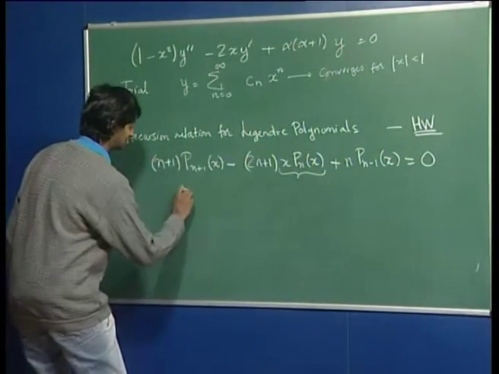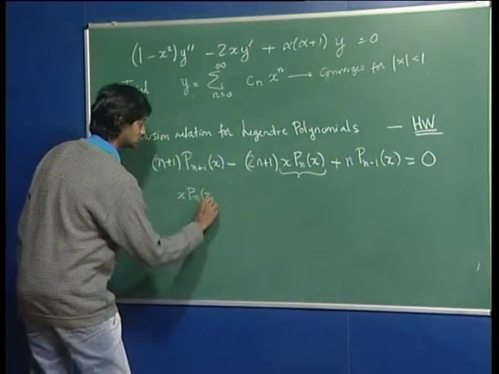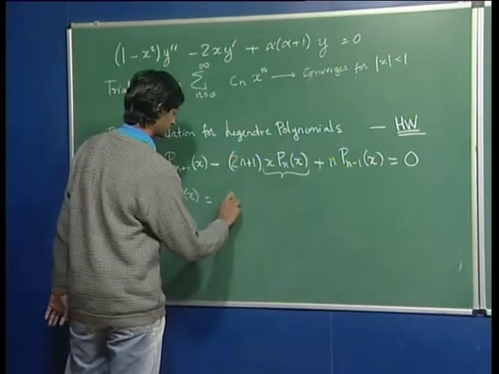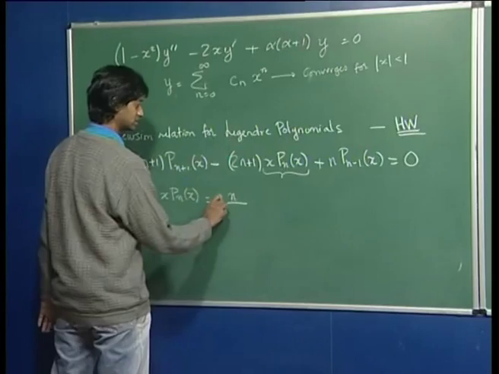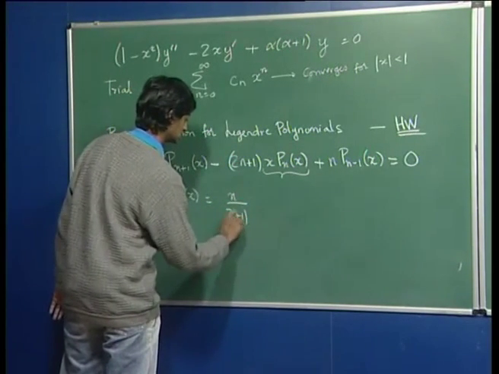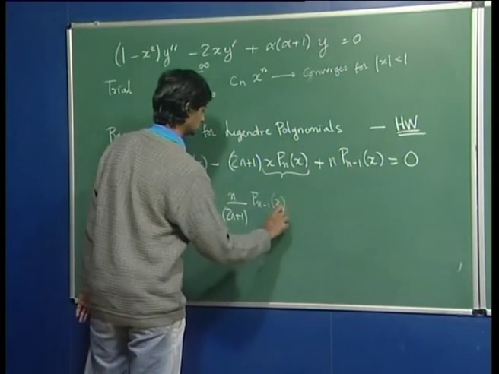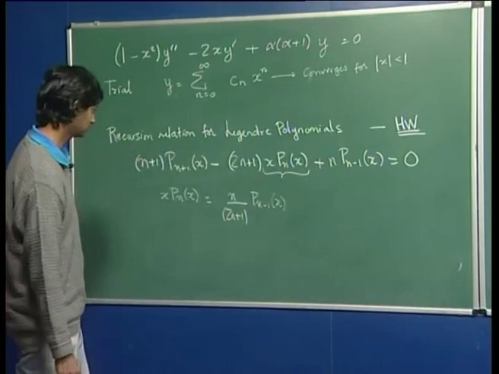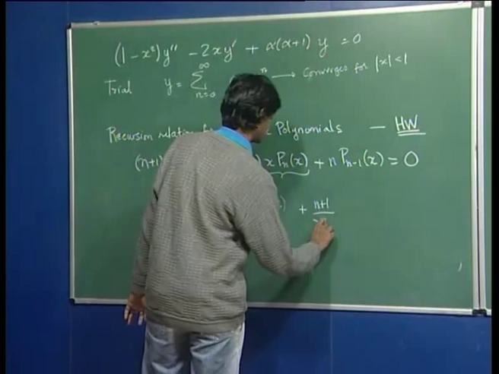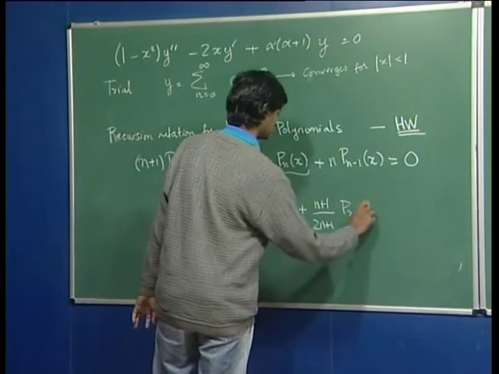So I'll write this in a slightly different way. x times P n of x is equal to n divided by 2n plus 1 times P n minus 1 of x, plus n plus 1 divided by 2n plus 1 times P n plus 1 of x.